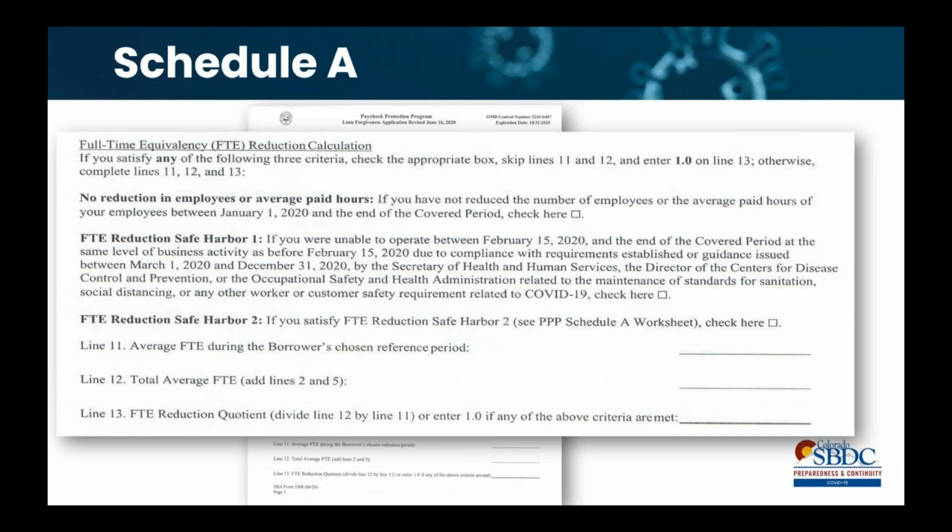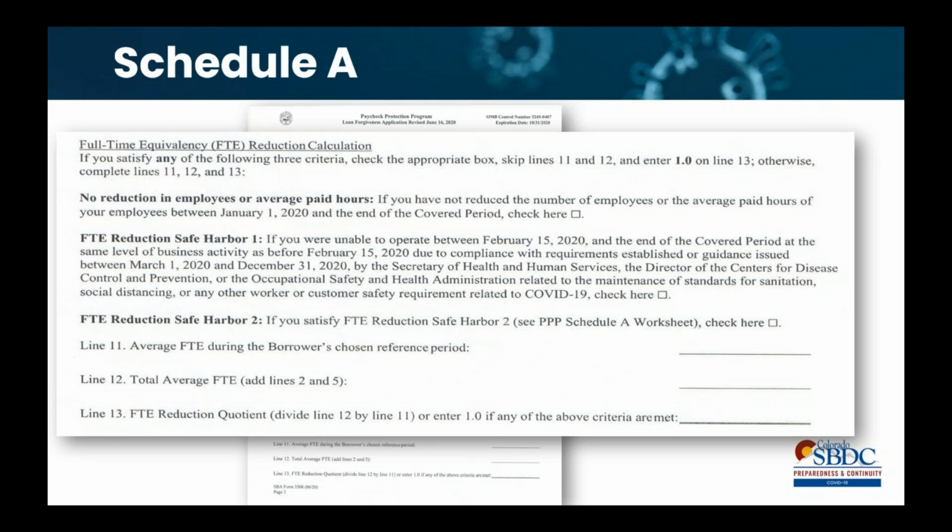So if you have an order locally here from the city of Boulder or the county of Boulder, you can use that order to qualify for this safe harbor if it did not allow your business to return to the same level of business activity. The third is safe harbor number 2, which we have already dealt with in the worksheets.